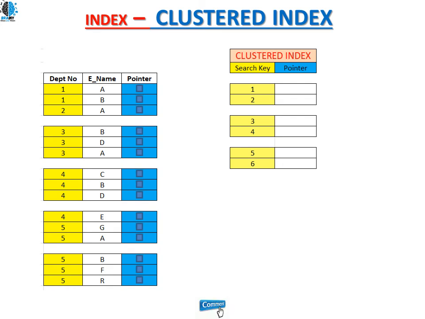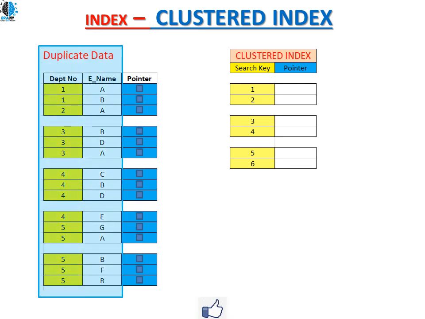From these three records, as you can see, the department number and the name are both duplicate values. Employee names and department numbers are both duplicates. Now I have to search the data, so on which basis am I going to search? If I take the employee name, it will take much time.